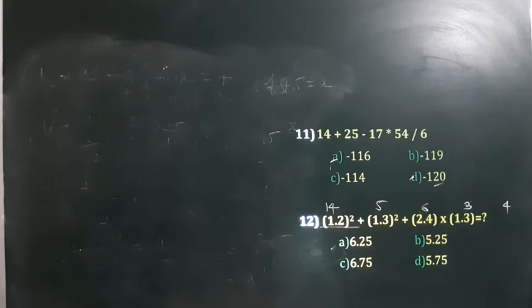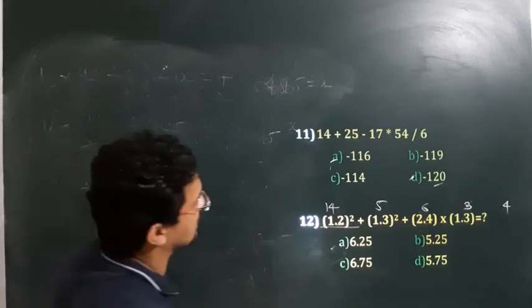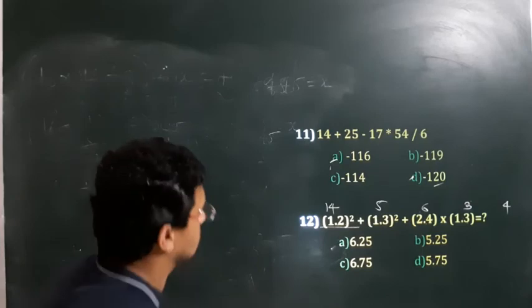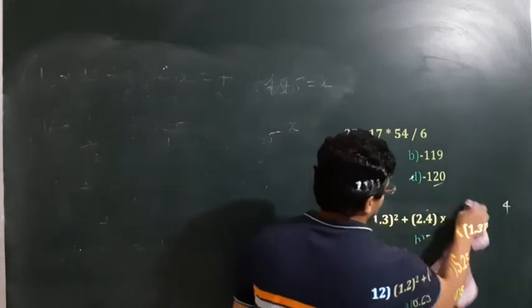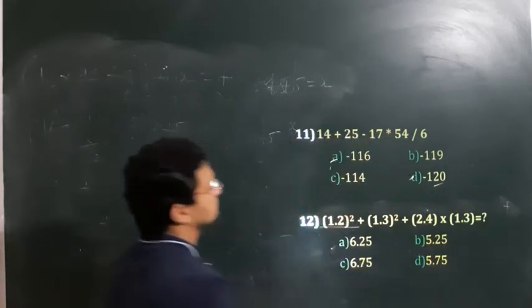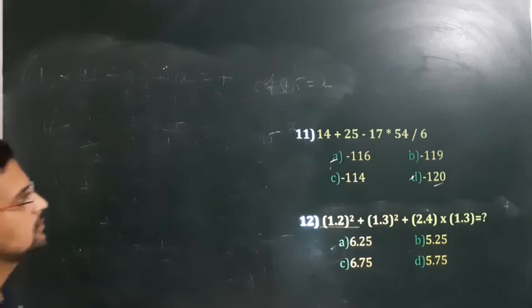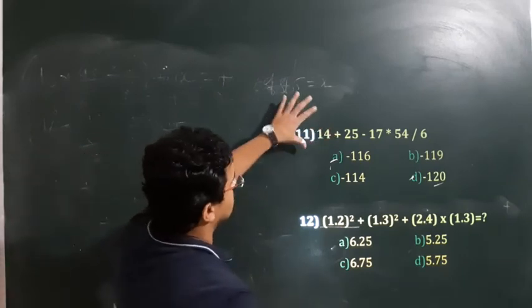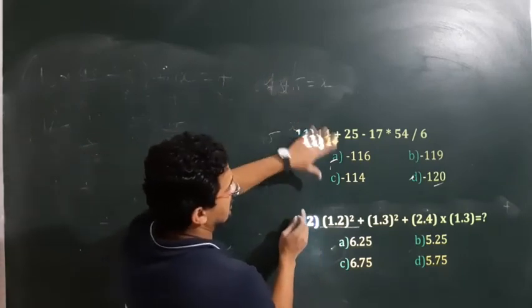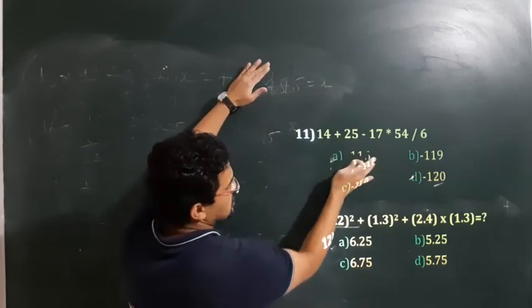Because time is less, within a short time you have to solve this. Similarly, this is also a similar one. It is very easy, so this also I will leave to you. So many questions are already solved.